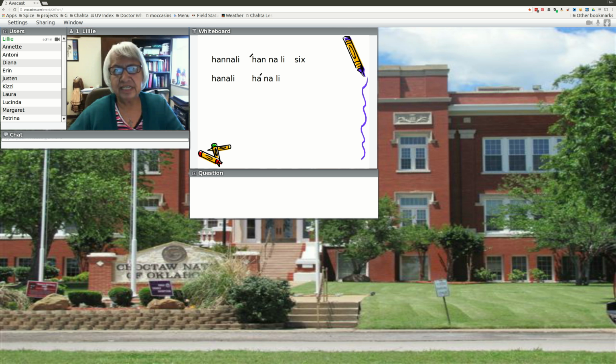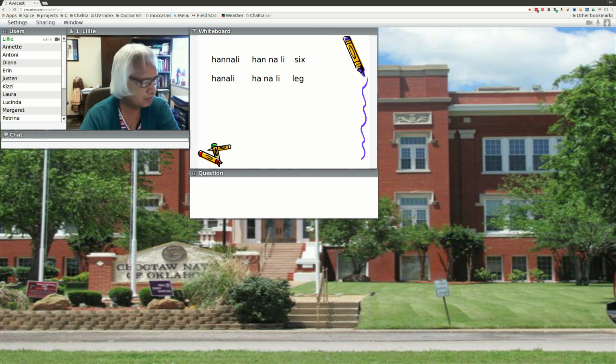It's important to make sure that you have the proper pronunciation, because are you meaning to say the word for six, or are you meaning to say the word for leg? Very important. Double consonants.